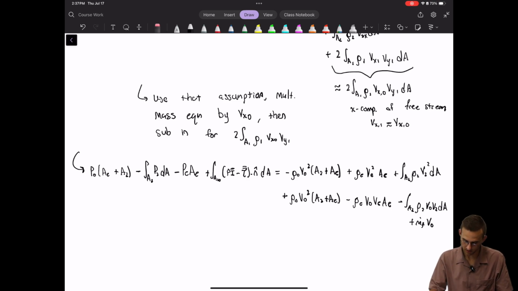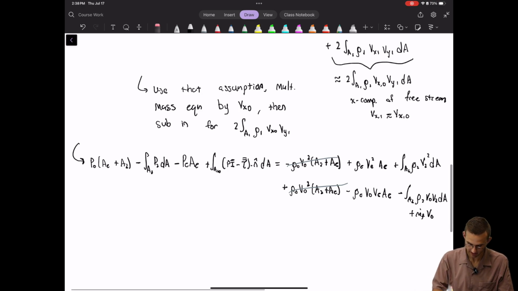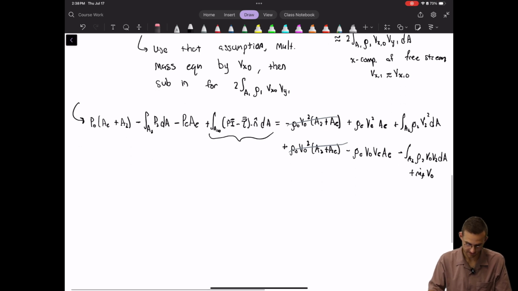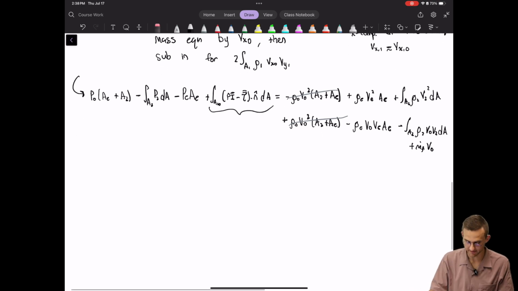Okay, so we see that these terms are going to cancel, which is nice. These terms on the left, and then we're going to rewrite everything in terms of what's happening here, so that we'll move that over to the left hand side and then express it in terms of everything on the right hand side.